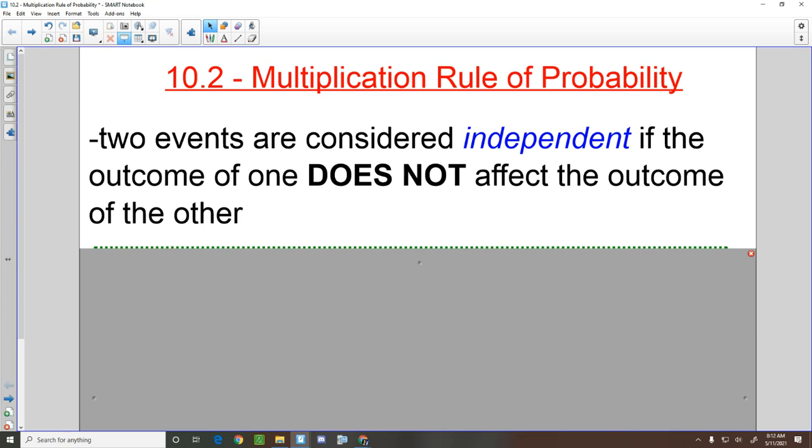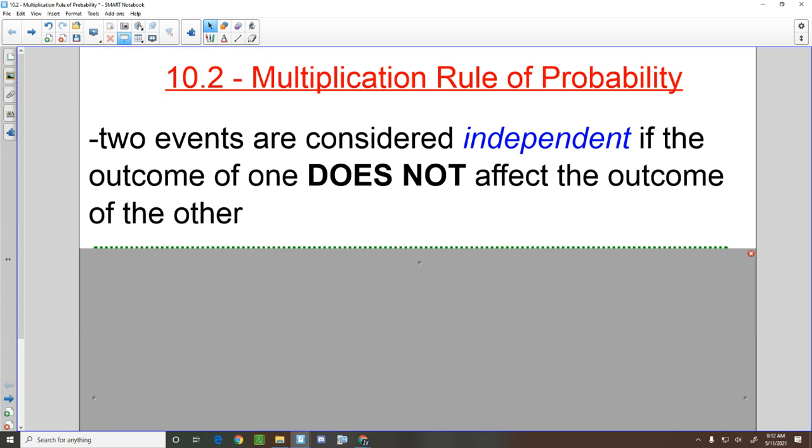So in the multiplication rule of probability, whereas the addition rule had 2 different formulas that we would use based on these events being mutually exclusive or not, the multiplication rule depends on 2 events being independent.